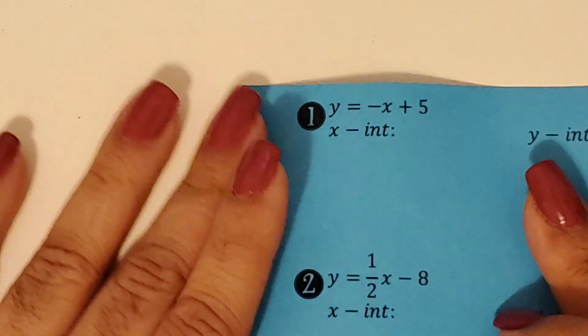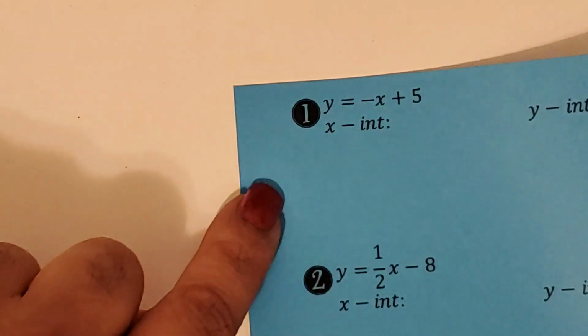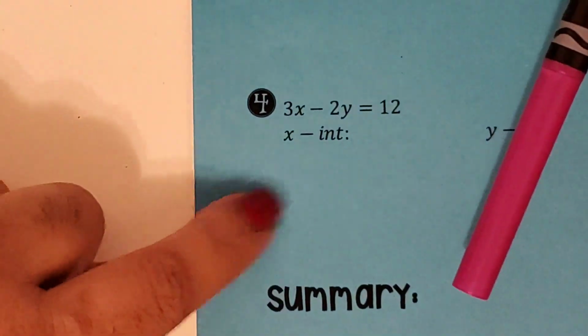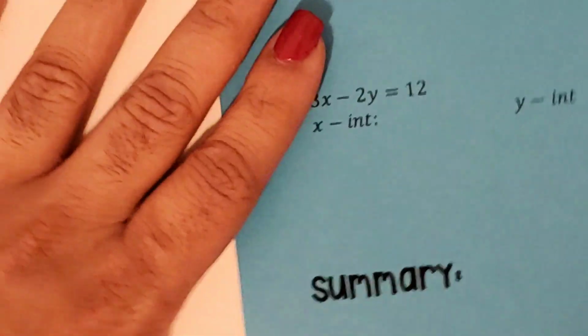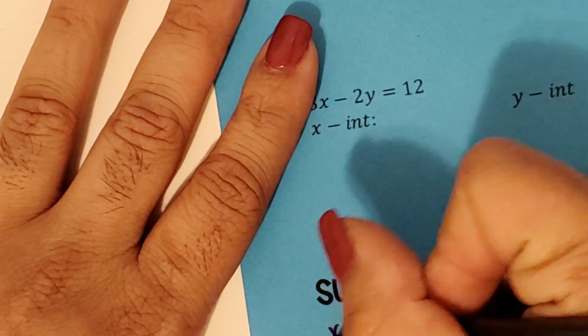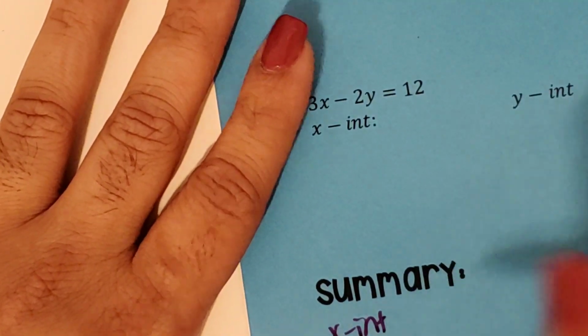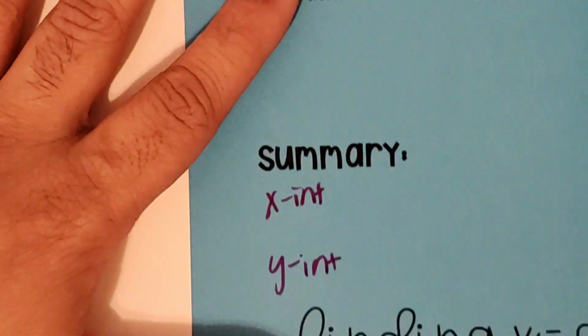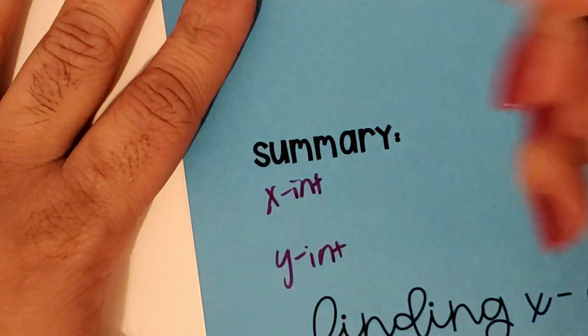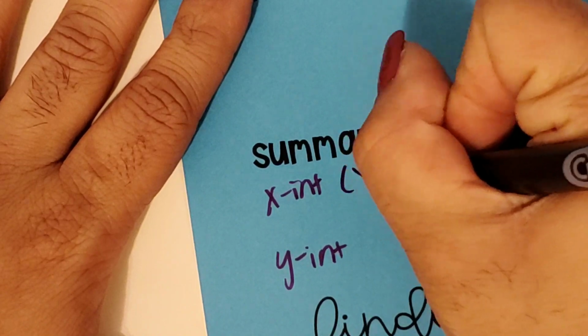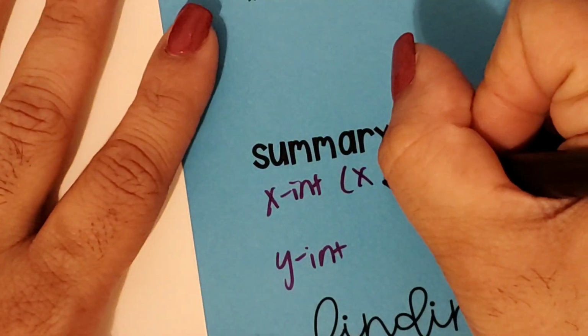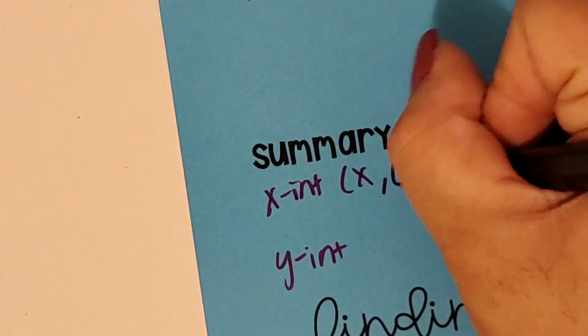The main thing that's going to be happening as you go through, no matter whether it's slope-intercept form or even standard form, is that if you're looking for your x-intercept, and if you're looking for your y-intercept, there's a basic formula that you follow. For your x-intercept, all of them are x something, whatever that x value is, and 0.